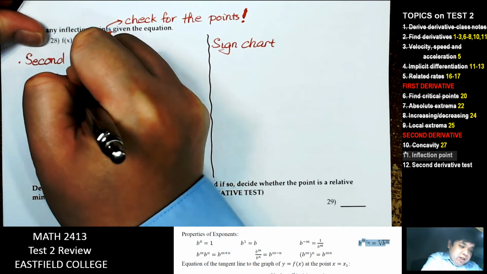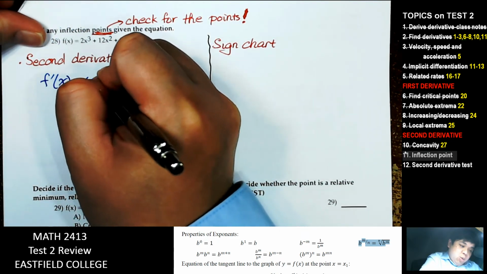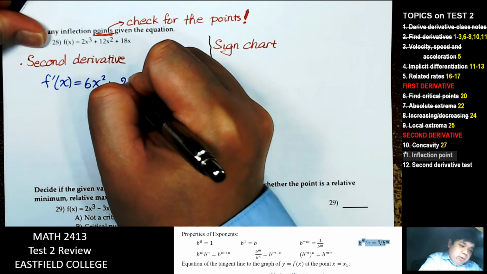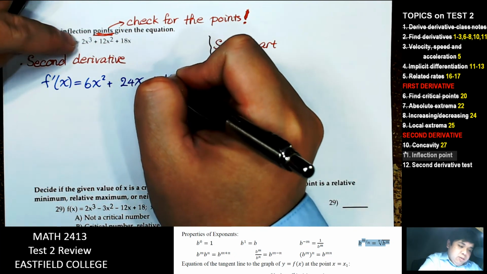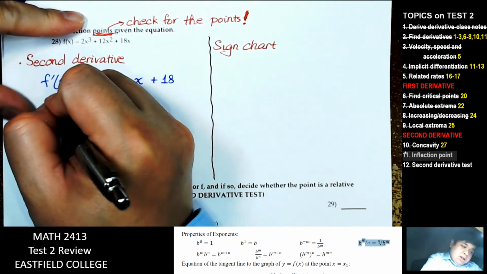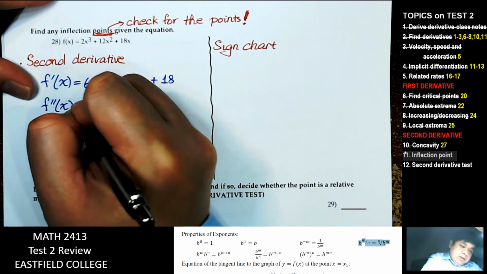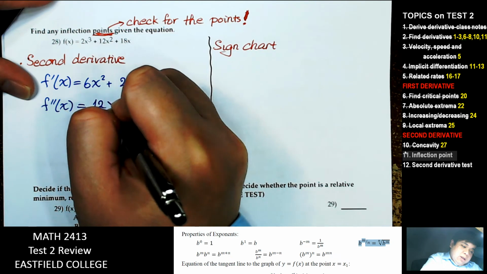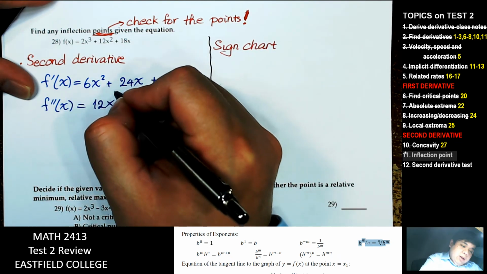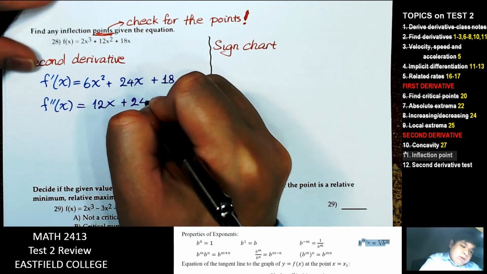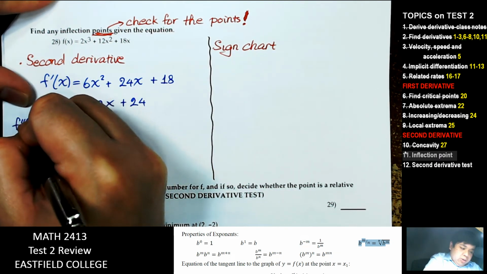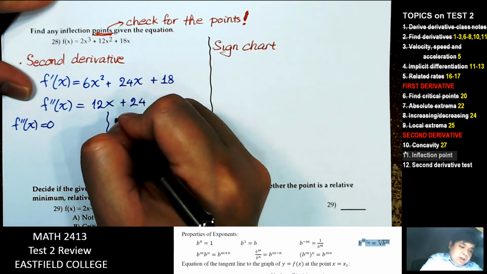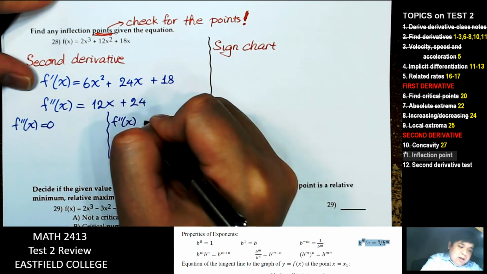First we check the derivative, 6x squared plus 24x plus 18. Right? Second derivative, 12x plus 24. Second derivative equal to 0. Second derivative does not exist.